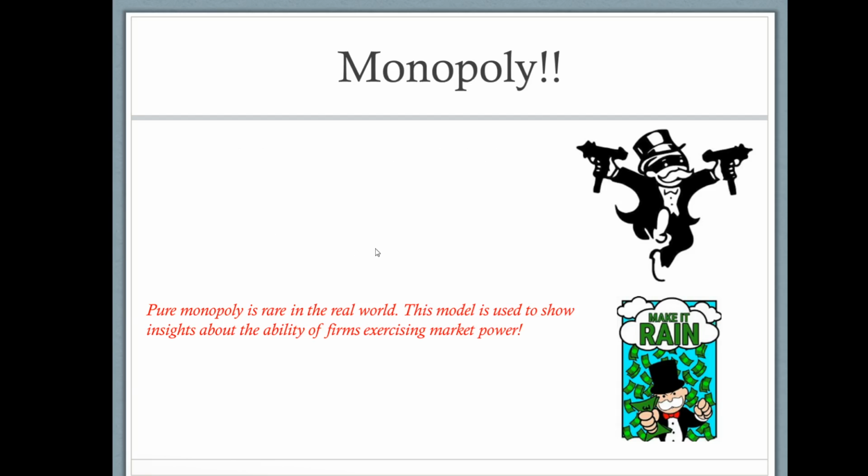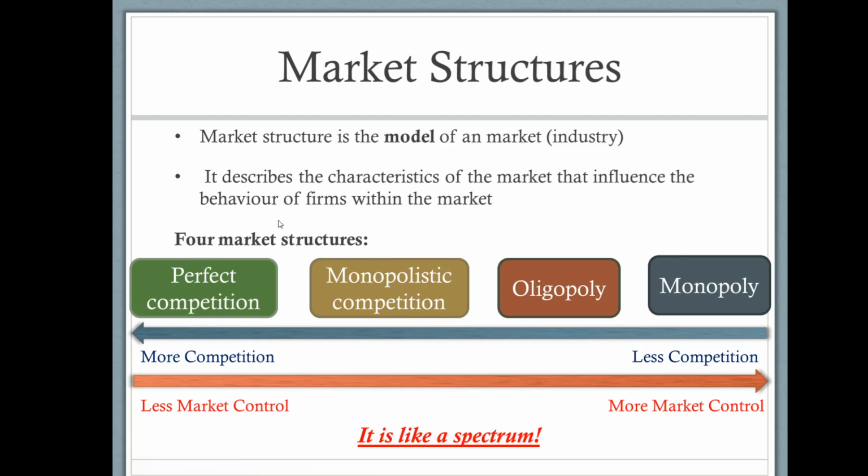So when we go back to the spectrum here, all three of them, as long as you're not perfect competition, then you will have a certain level of market power. And if we use the idea of spectrum, you are going to expect the further we go from the left to the right, the higher the market power that market has.